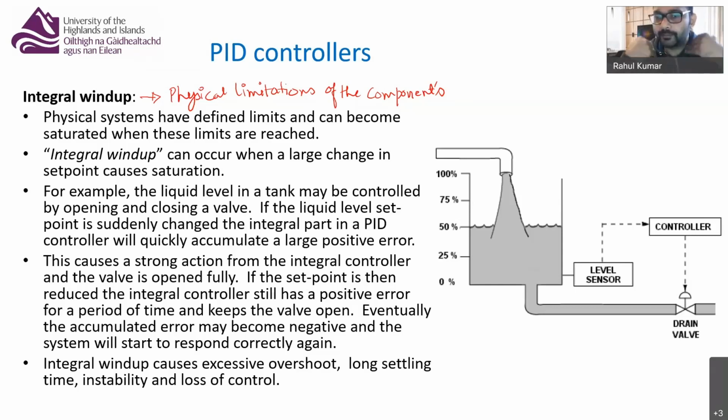If you provide more power above that saturation level, above that limit, the motors will get burned or it will destroy the motor, isn't it? So that is why we should have some cutoff limits put in place in the controller.